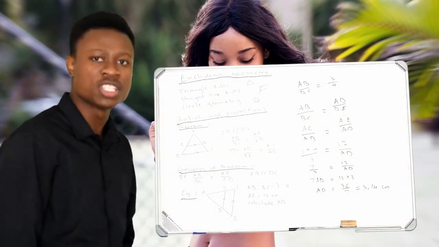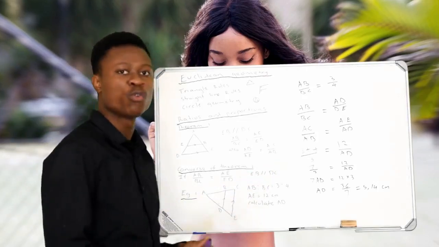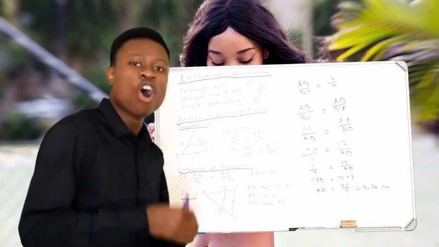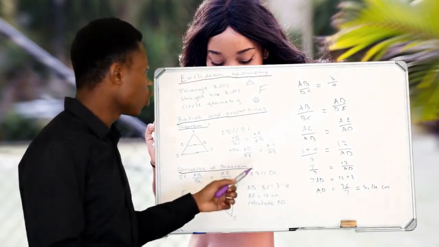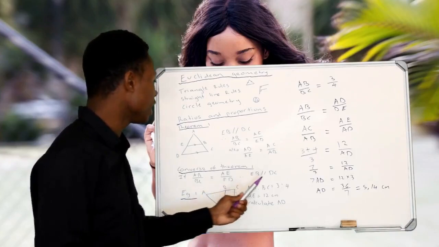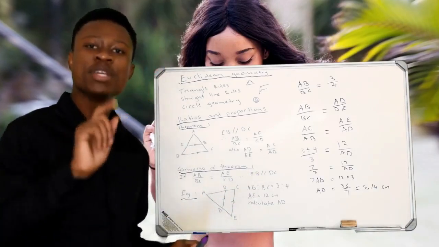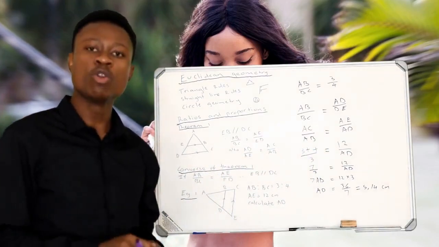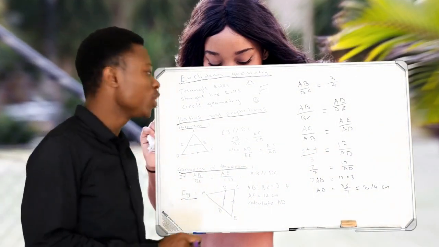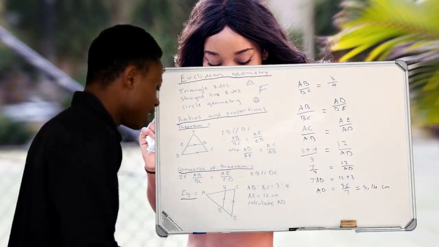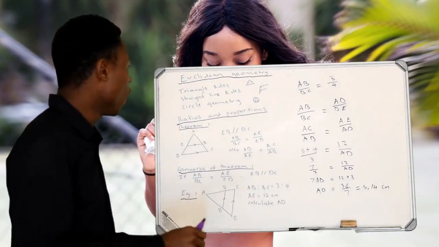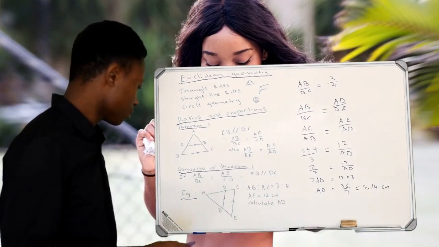Those are proportions because they gave it to me as 3:4. 3:4 could be the simplified value of the actual values. So on the other side, they gave me AE, which was 12 centimeters, which is a unit. So that's why on that side, when I get AD, it would be in centimeters. It would be a unit. So that is my final answer. Pretty straightforward if you ask me. That's 3 marks.